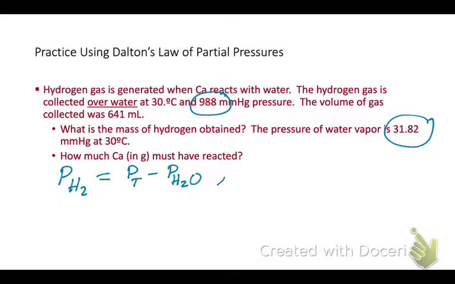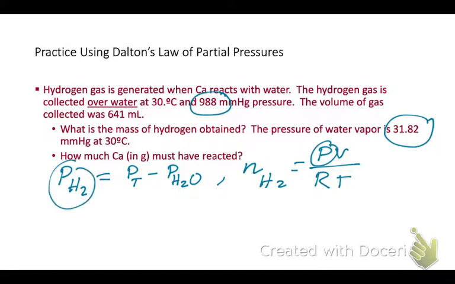Then you're going to have to find the number of moles of hydrogen, and that will be PV over RT, where P is, remember, the pressure of hydrogen. You have V, you have to convert that into liters. You use R, which is 62.4 because the pressure is in millimeter mercury. And the temperature, 30 degrees, which you convert to Kelvin, is 303 Kelvin.